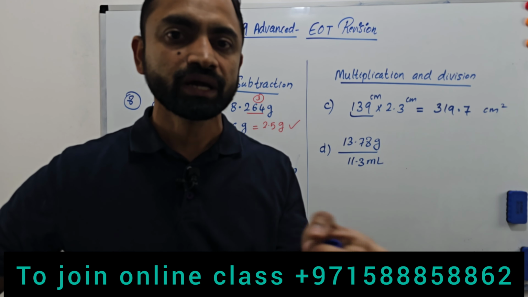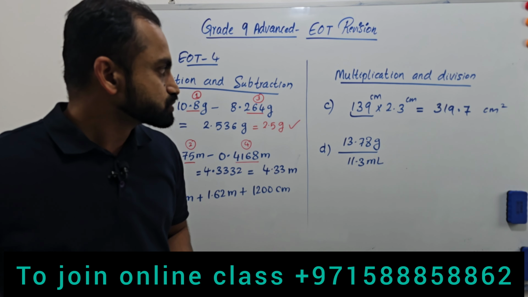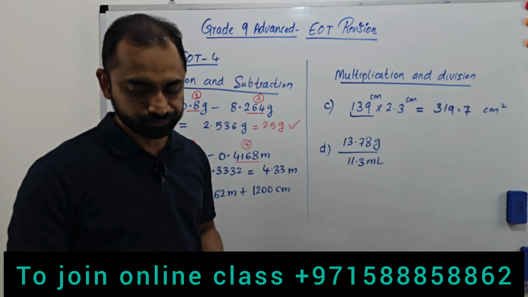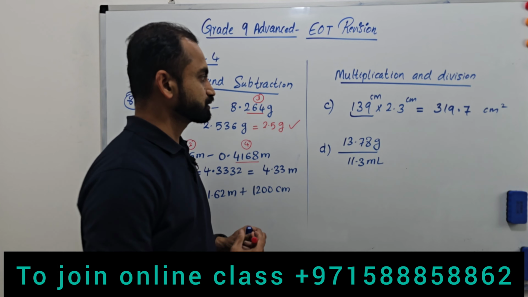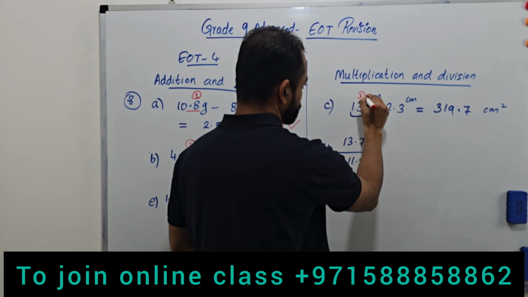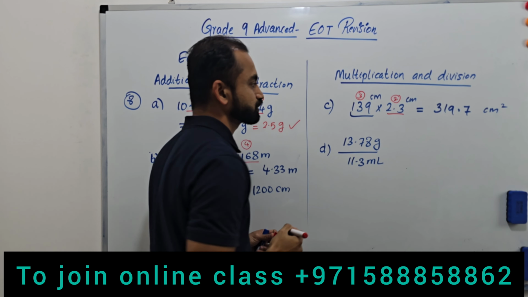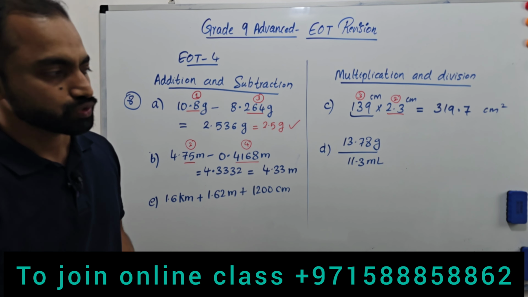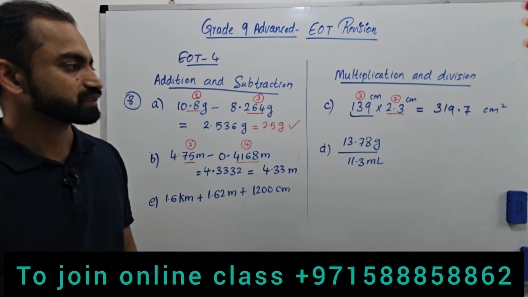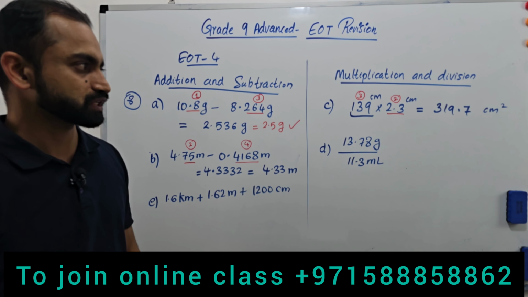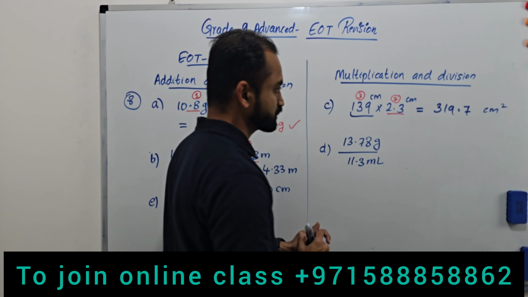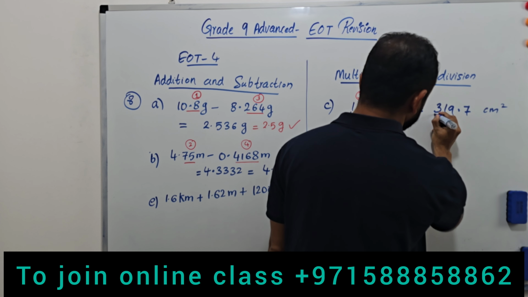Decimal place is for addition and subtraction only. Here how many significant figures? 3. Here? 2. Which is the smaller number? 2. So you should write the answer in 2 significant figures, so you need to round this answer to 2 significant figures.